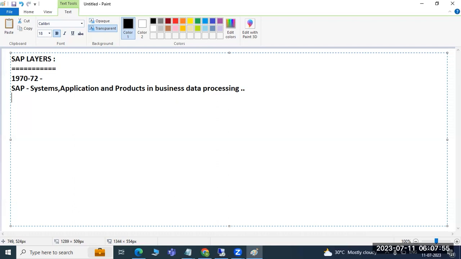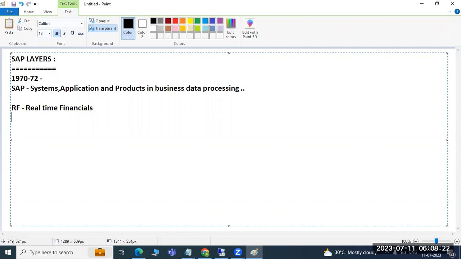In 1972, they released the first SAP product. They named their architecture RF, which is called real-time financials.